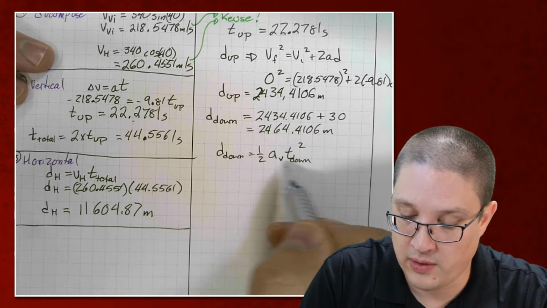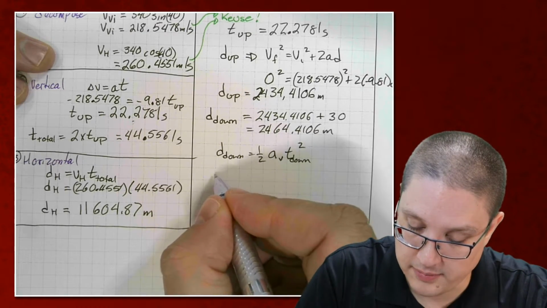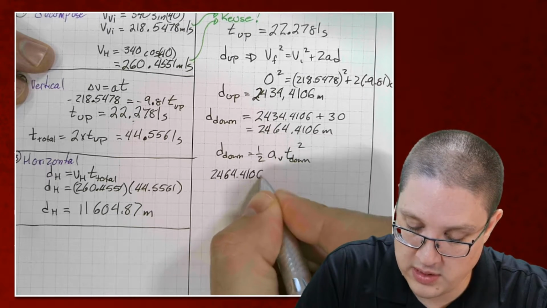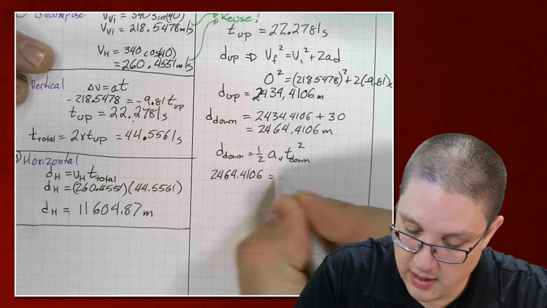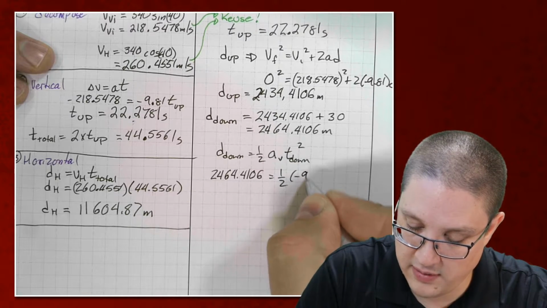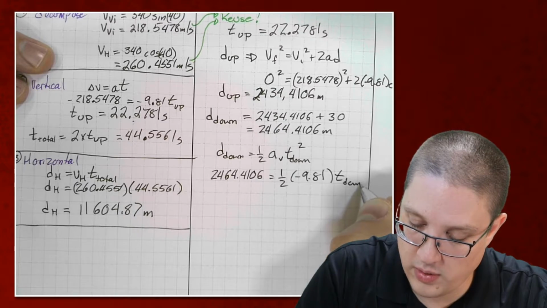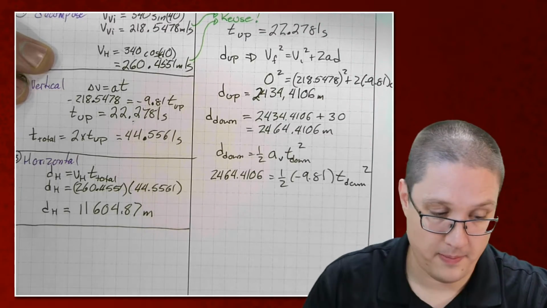I know my acceleration. How long does it take? 2464.4106 equals half times negative 9.81 times t down squared.